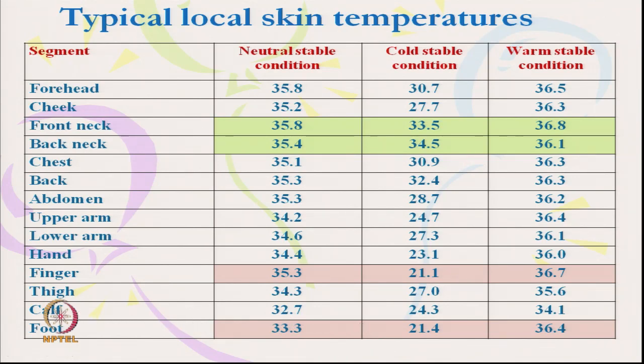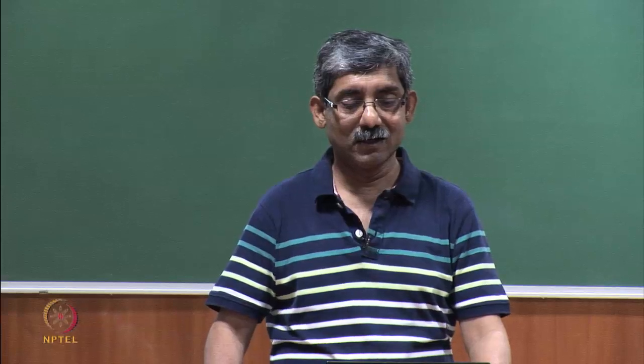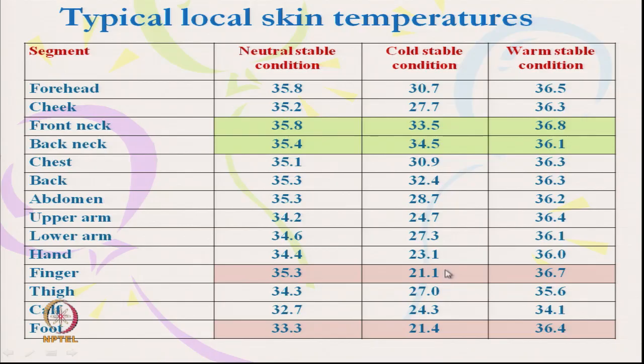But in the cold stable condition, the minimum is at the finger or foot. At the extremity it is as low as 21 degrees Celsius, and at the front neck or back neck it is 34 degrees Celsius.